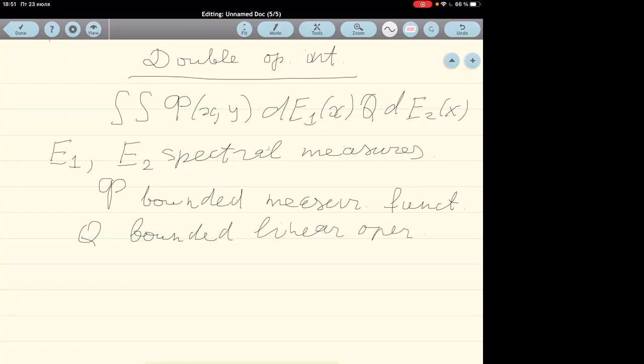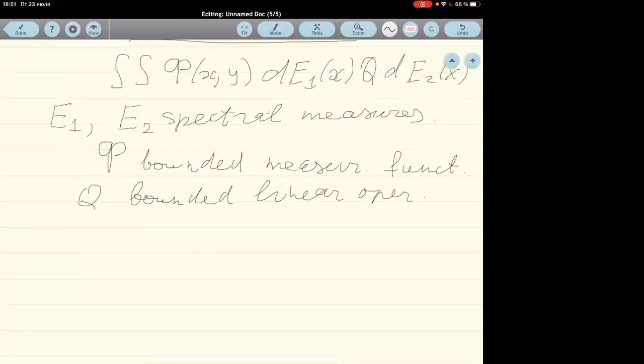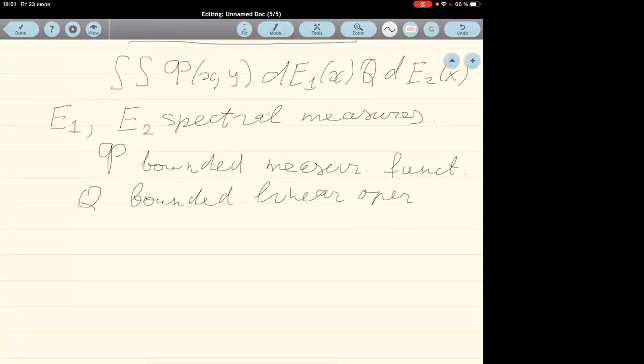And the problem is how to interpret what we mean by this double operator integral. And the idea by Birman and Solomyak was first to consider the case when Q is a Hilbert-Schmidt operator. In other words, Q belongs to the class S2, which is the class of Hilbert-Schmidt operators.